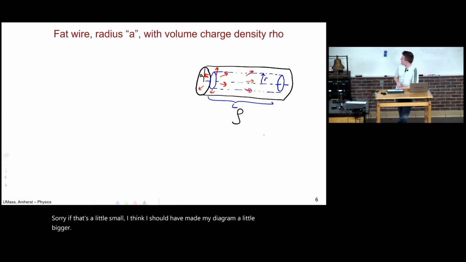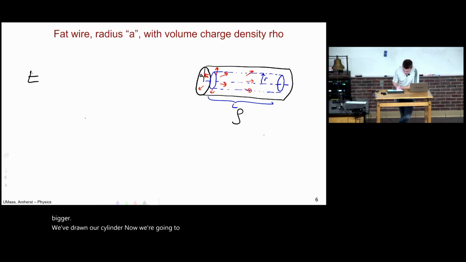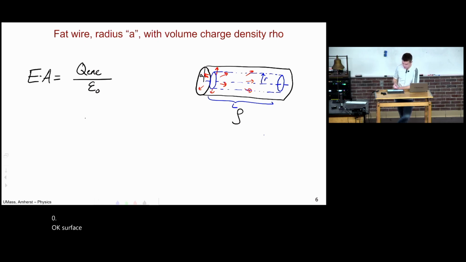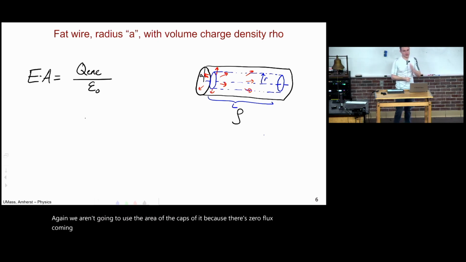Okay. We've drawn our cylinder. Now we're going to write Gauss's law out, which is E times A is the enclosed charge by that imaginary surface that you've drawn over epsilon 0. Okay, surface area of a cylinder here. Again, we aren't going to use the area of the caps of it because there's zero flux coming from those because the arrows are parallel to the surface.